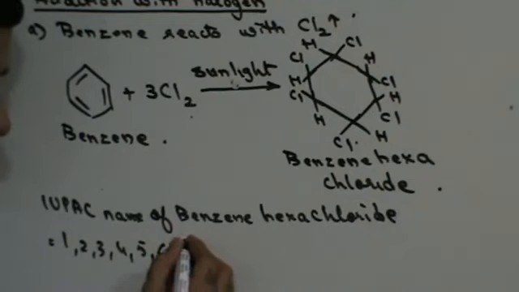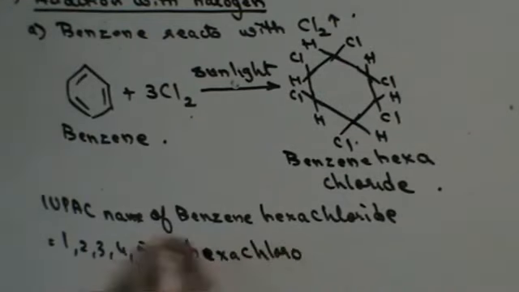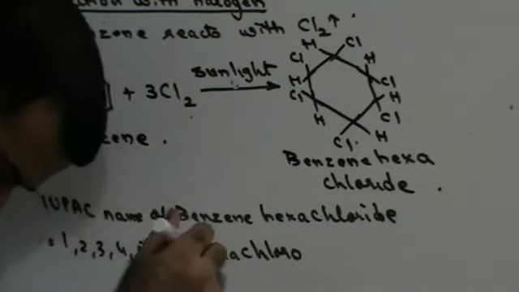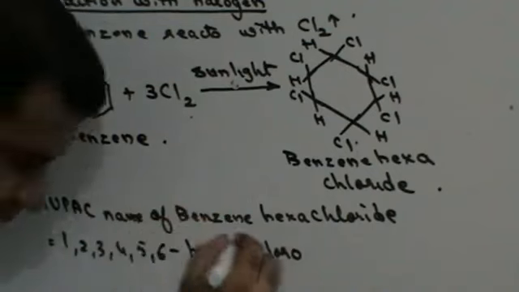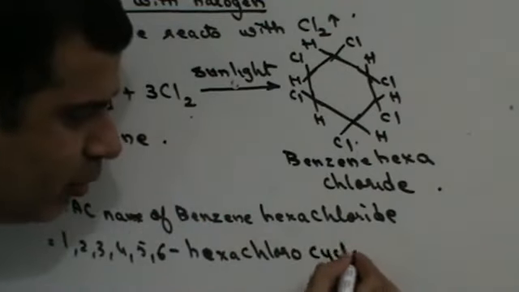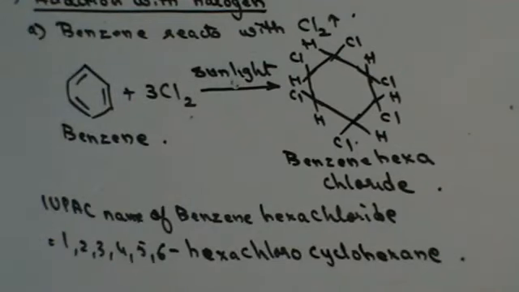There are 6 chlorine, therefore hexachloro. We are doing the IUPAC name, so the substituent comes before the parent. And then you have cyclohexane. So the IUPAC name of benzene hexachloride is 1, 2, 3, 4, 5, 6-hexachlorocyclohexane. Fine, do we get this?